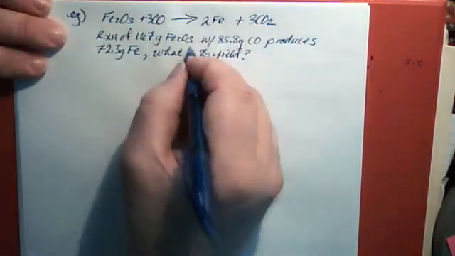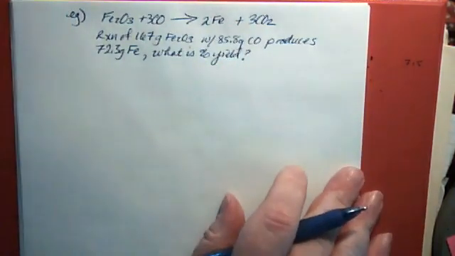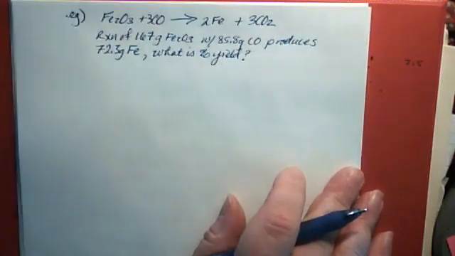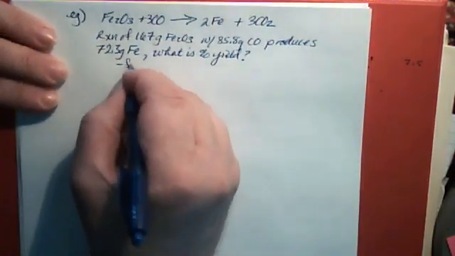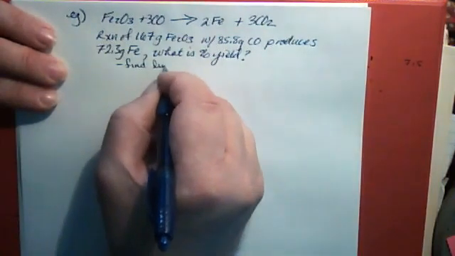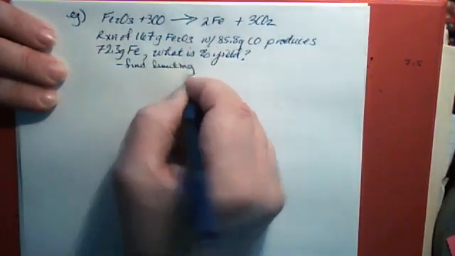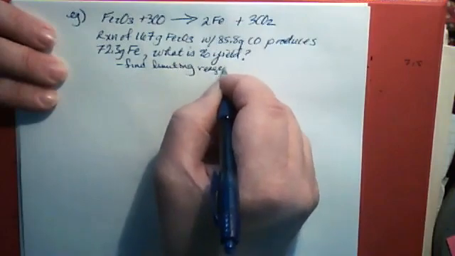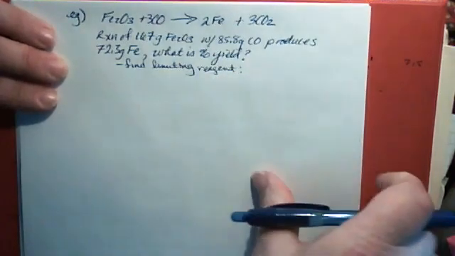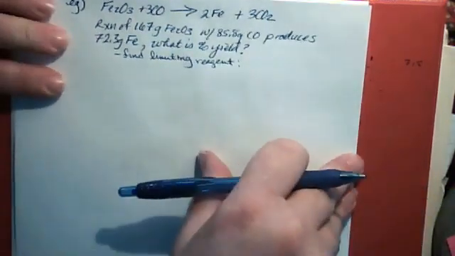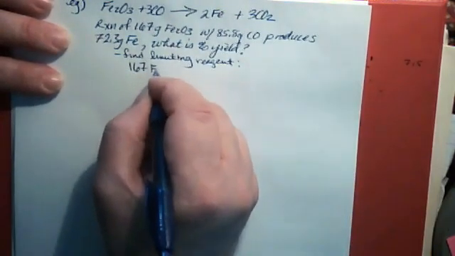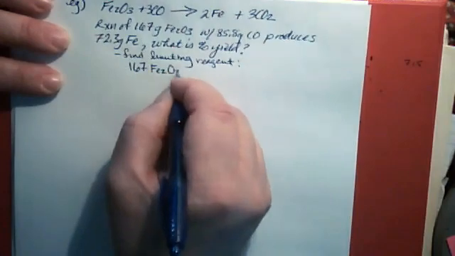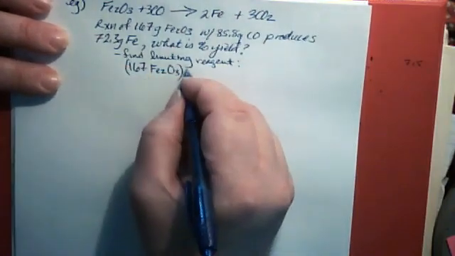I'm just going to say what is the percent yield because, of course, you have to find all that other stuff before you can find percent yield anyway. Okay, so first thing you want to do, again, is find the limiting reagent. Take the two reactants separately and find out how much product you can get from them, ignoring the other reactant.